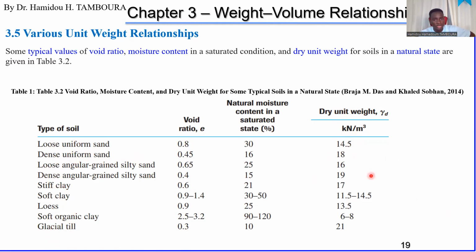There is nothing to explain here, just information. These values you can sometimes use to judge if your result is good or not. For example, if you find loose sand and the void ratio is about 0.3, maybe you will wonder, is my result good? And maybe you will go and double check your calculation, the procedure you did to obtain the result.